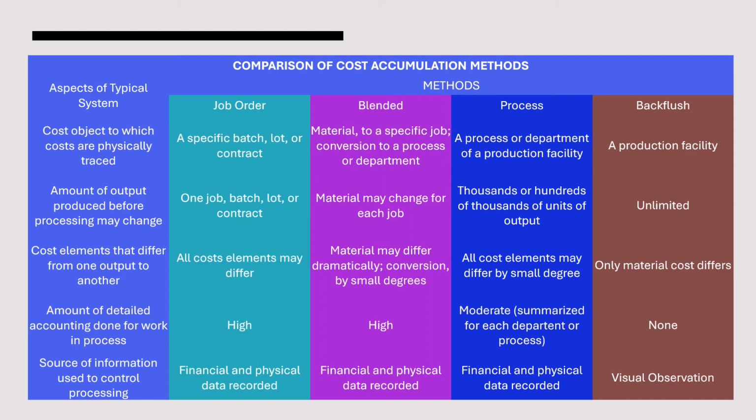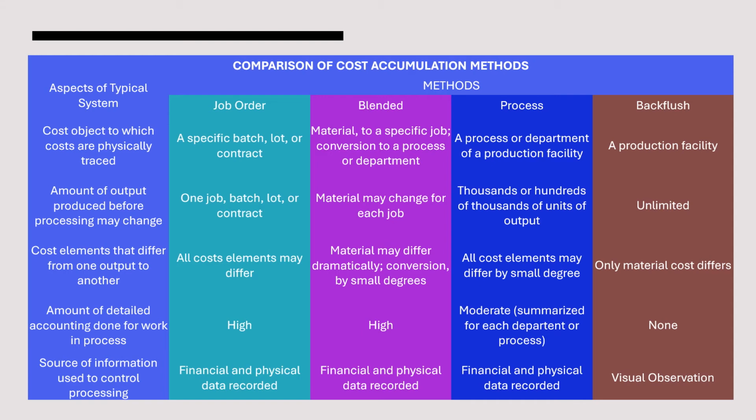For the blended, again, this is a mix of job order and process costing. So you should keep that in mind, and that material may change for each job, and material may differ dramatically, while conversion may differ by only small degrees. For process costing, it's like a normal batch production, the same line of products being processed and just transferred from one department to another, thousands or hundreds of thousands of units of output.